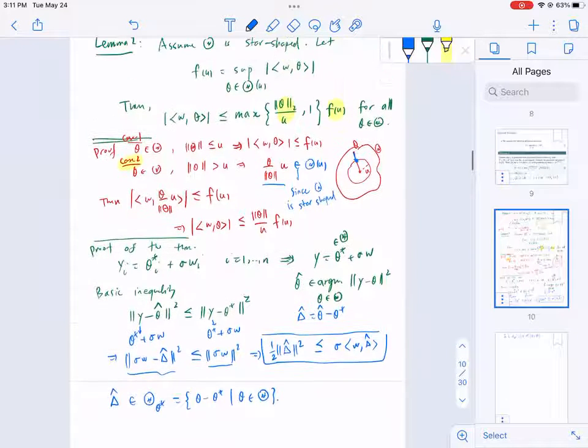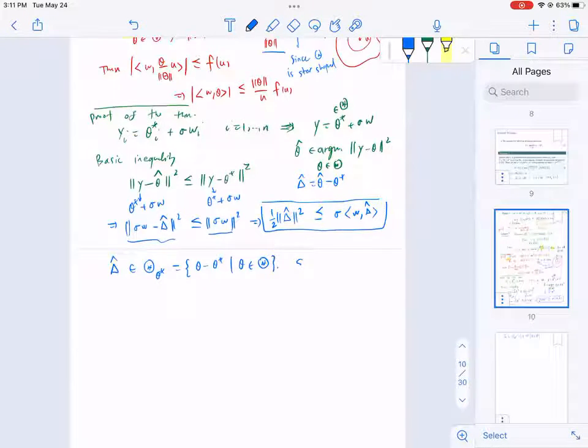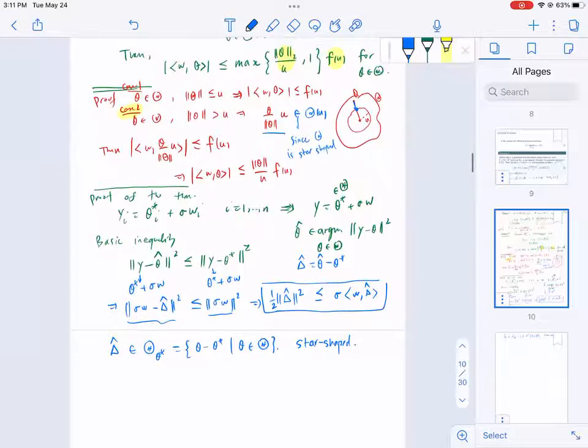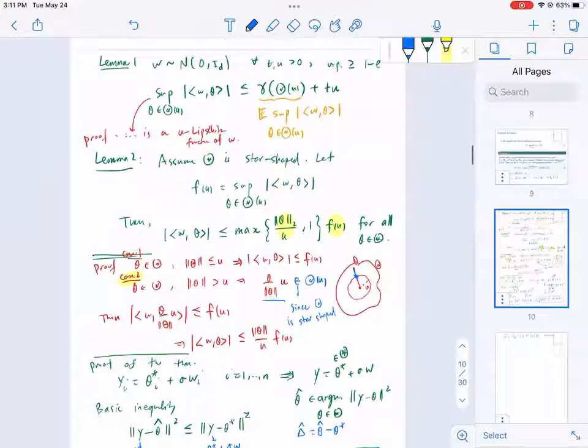This is star-shaped by assumption. After centering, it's star-shaped relative to 0. So I'm going to apply these two lemmas to this Theta star, basically.